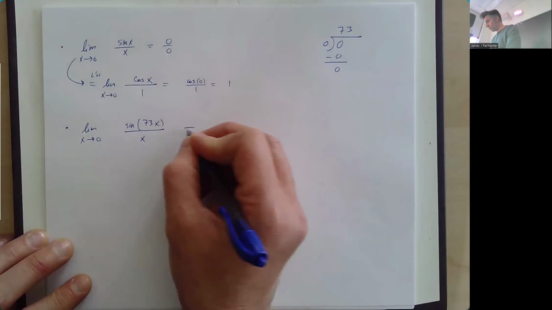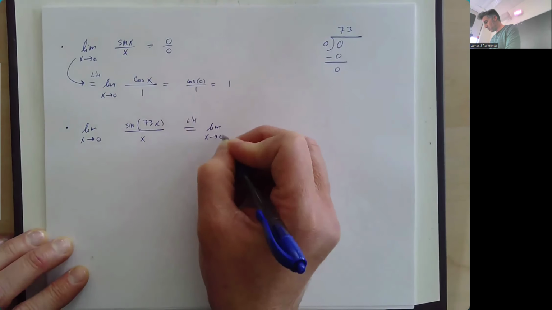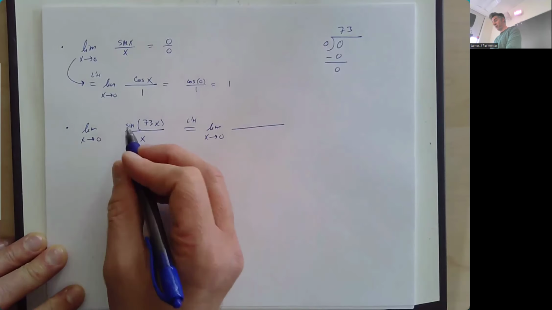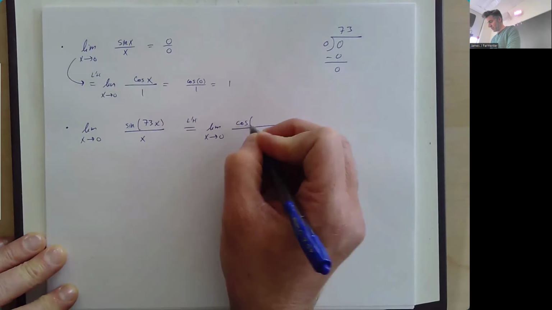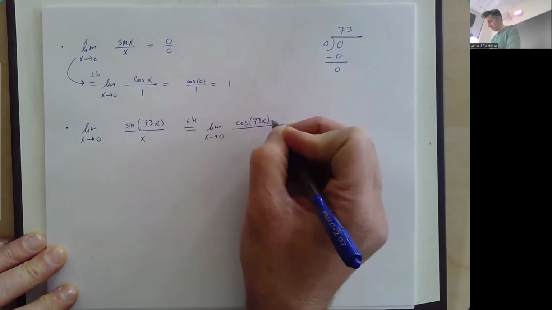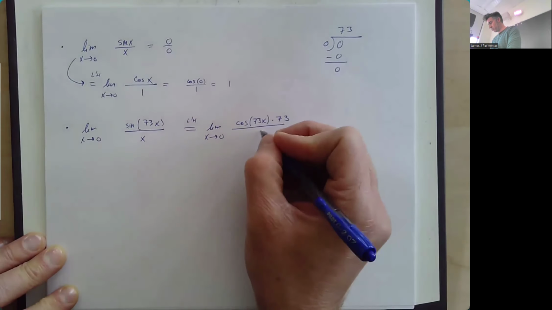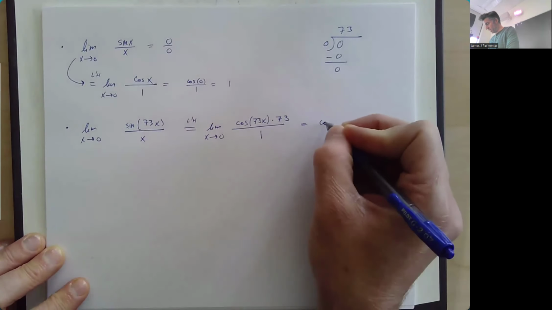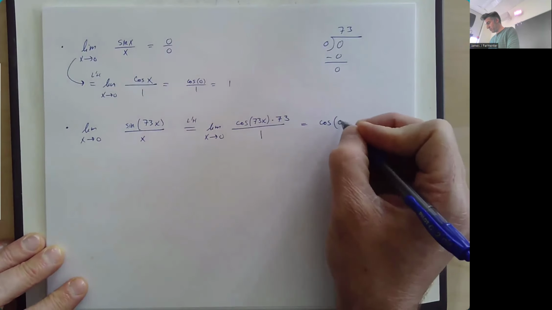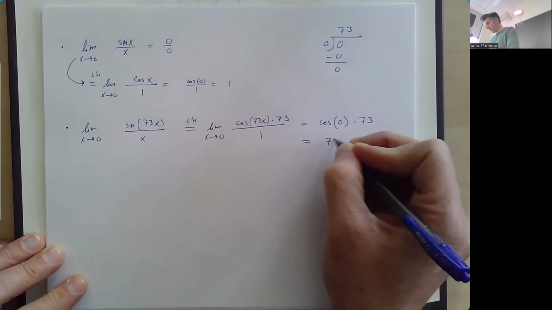If we use L'Hopital's rule, the derivative of sine of some stuff is cosine of the stuff times the derivative of that stuff. The derivative of x is 1. If I plug in 0 now, I get cosine of 73 times 0, times 73, which is 1 times 73, which is 73.